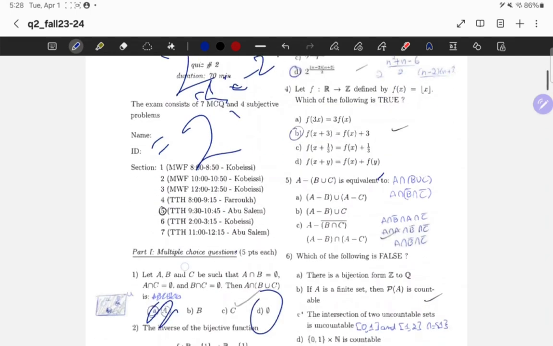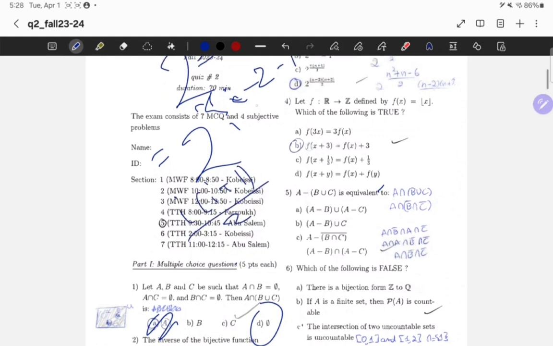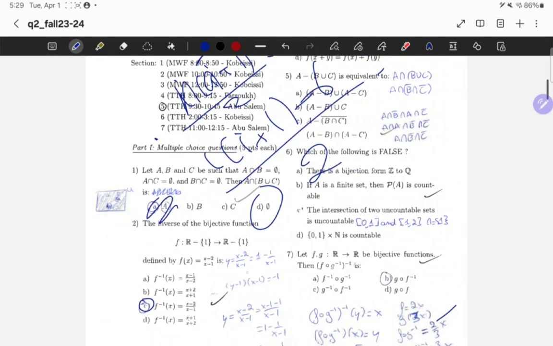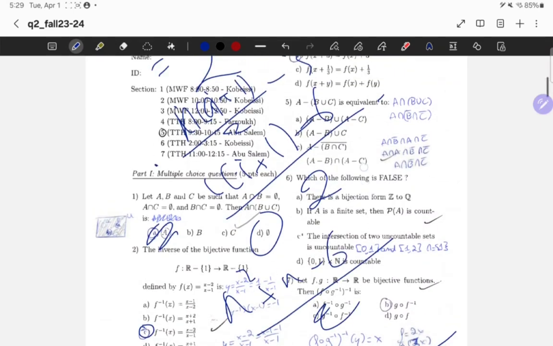And then we can expand this into (n plus 1) over 2 minus 6, so 2 to the power of this, right? And then this is n squared plus n minus 6 over 2.